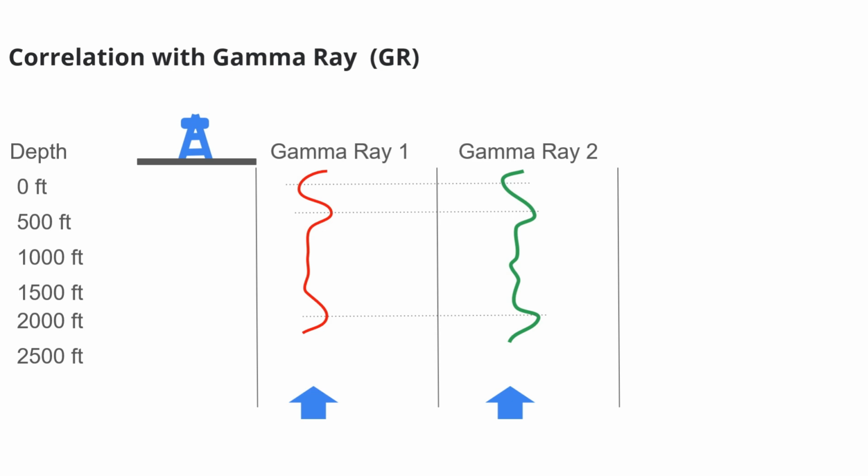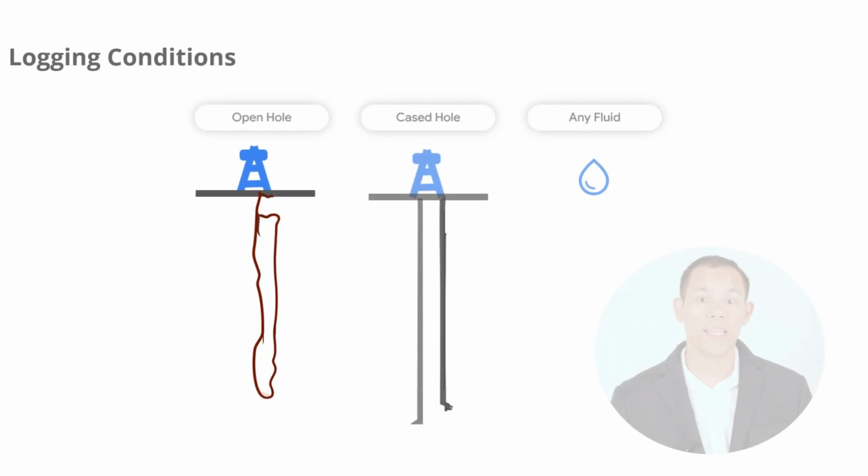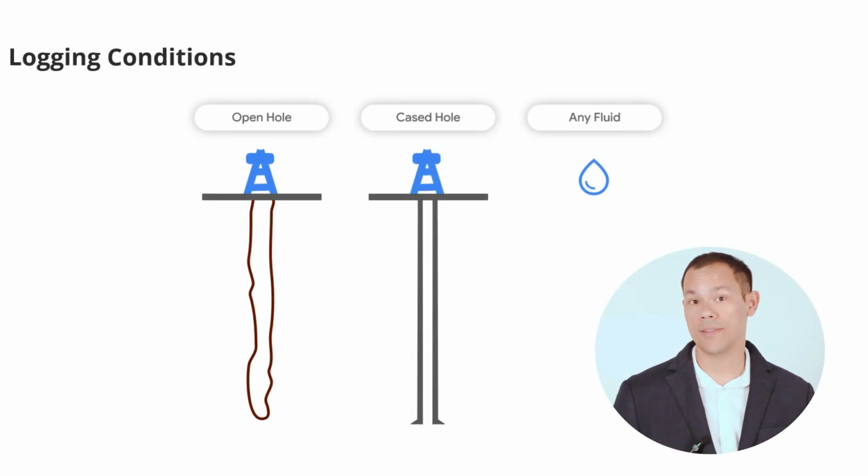For instance, after the initial logging, there might be a need for a cement evaluation log or a perforating job. Gamma rays behave similarly once they pass through the same formation, and the deflection of the curve should correspond with the initial profile.